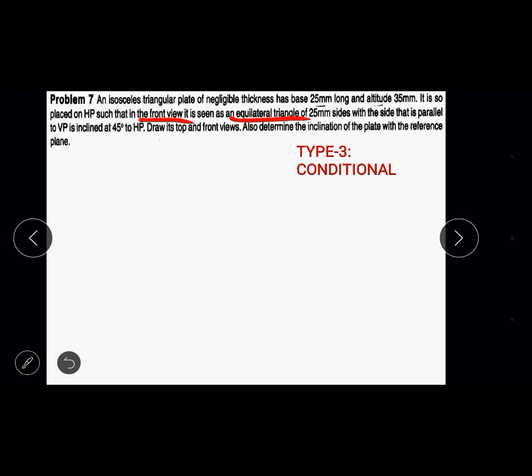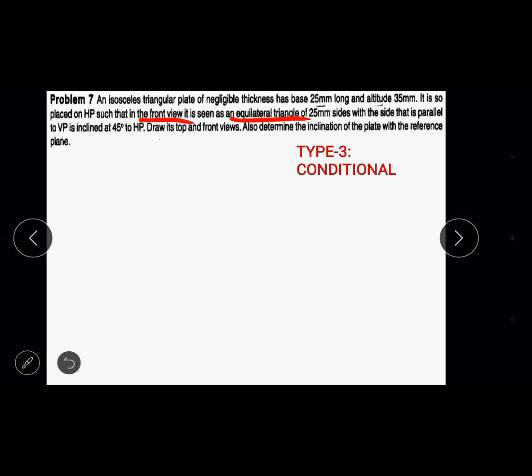Suppose instead of the front view, the top view of the lamina is given as an equilateral triangle, then it will be HP resting. Here the words front view are used, so it will be VP resting.